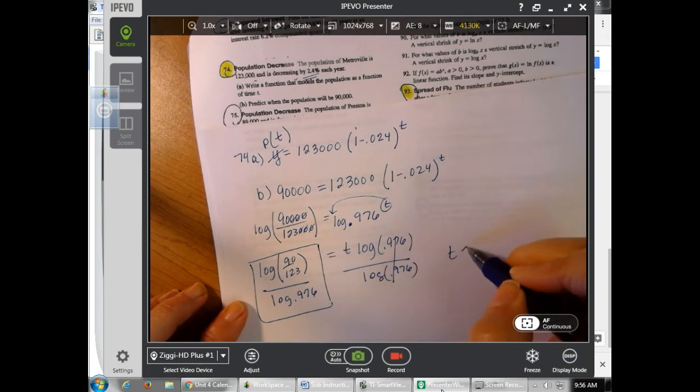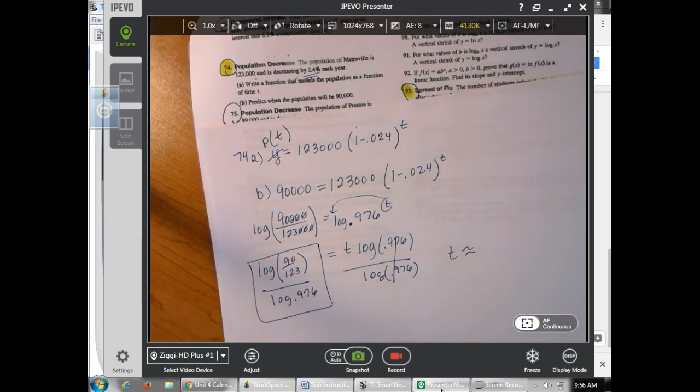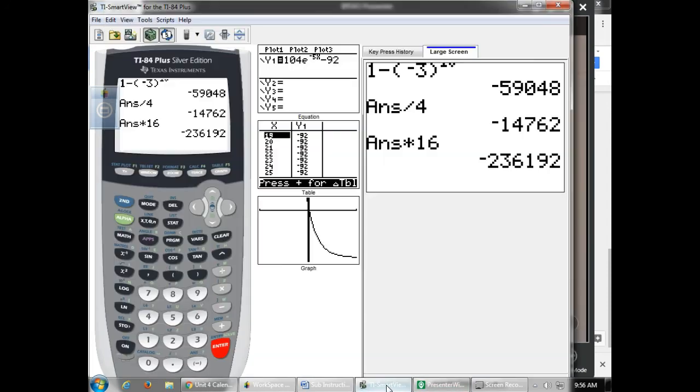And then if I want the approximate, I'm going to do that in the calculator. So I'll show you that now. So I have log, and I'm going to do all this basically all at one time. 90 divided by 123. And I missed my 9 in here. So you remember how you can insert, just to kind of review that.